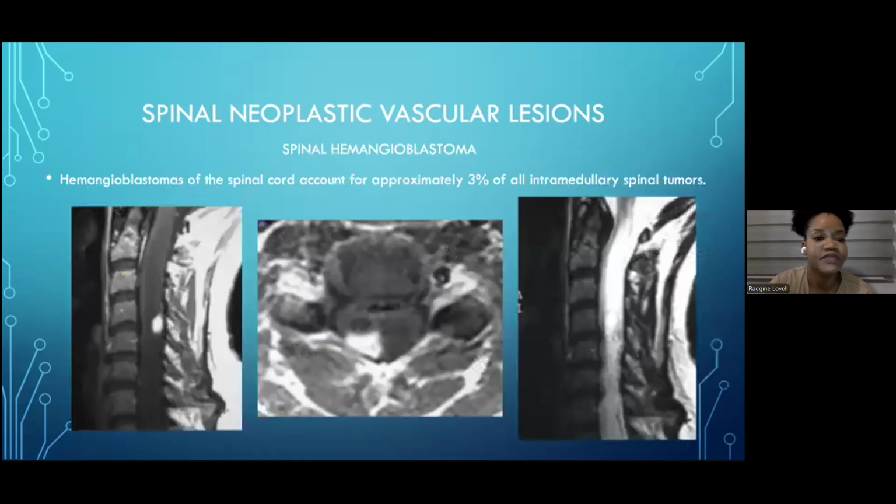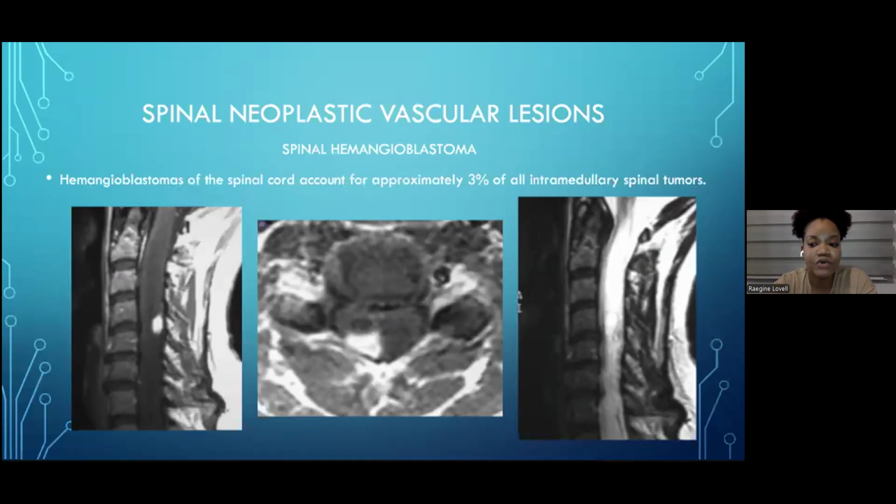Next, we have spinal hemangioblastomas. So these are vascular tumors that can be found throughout the neuraxis, as we already know, primarily in the cerebellum and spinal cord. Hemangioblastomas of the spinal cord account for about 3% of all intramedullary spinal tumors.